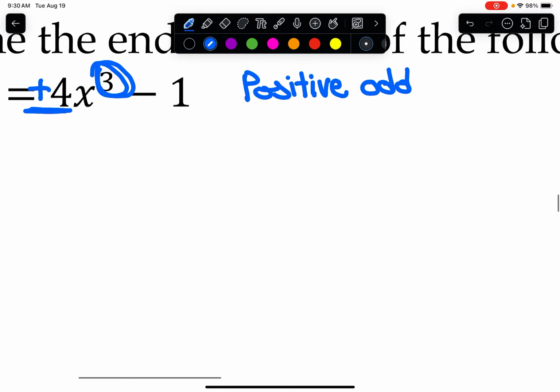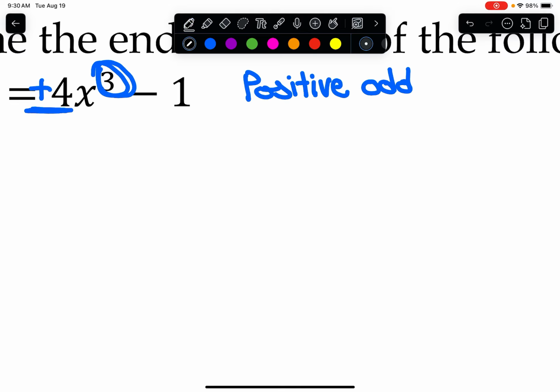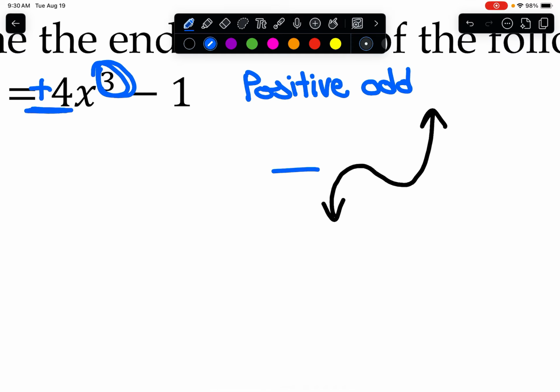With positive odd, your graph behavior is going to look something like this. So as x is decreasing, my y value is going to go down. And as my x value increases, my y value is going to go up. So I want to represent that information in limit notation.